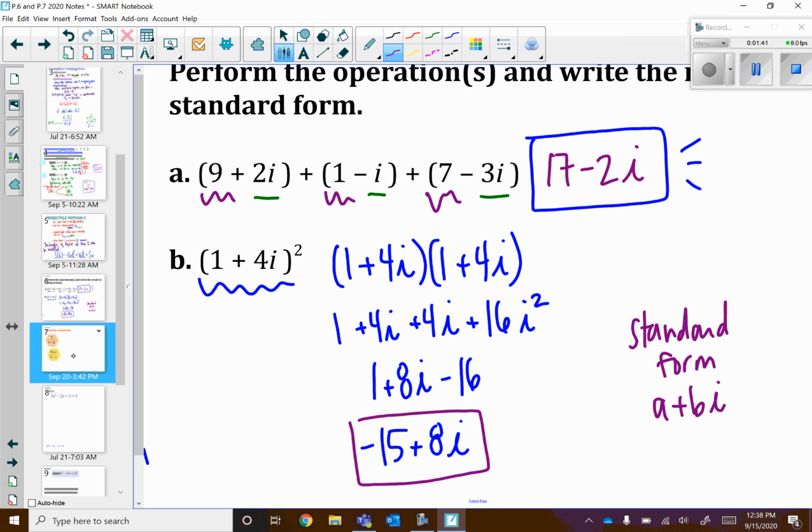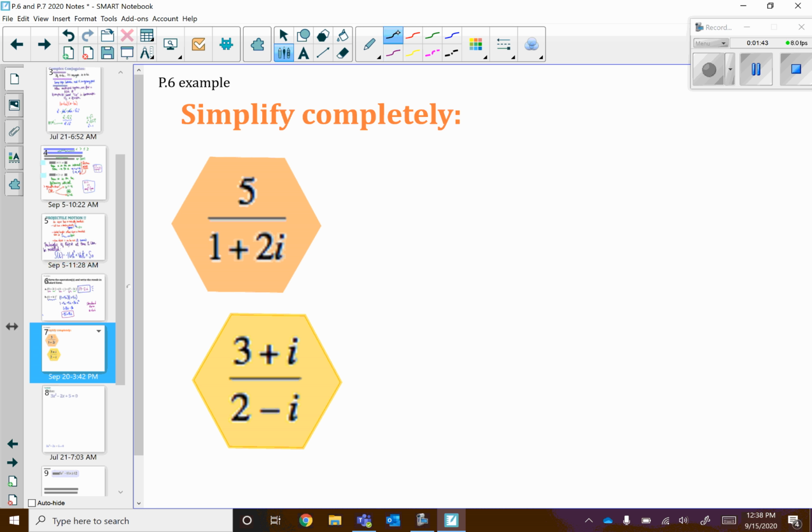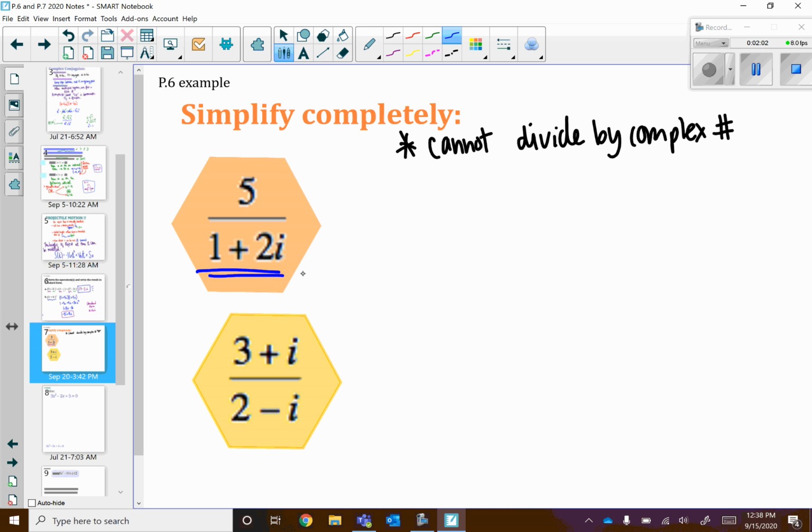The second example we had was simplifying, and the only thing I want to note for you guys who were not in class, and maybe you didn't hear this, is that you cannot divide by a complex number. And so how do we get rid of this division? Well, we are going to change that complex number into a real number.